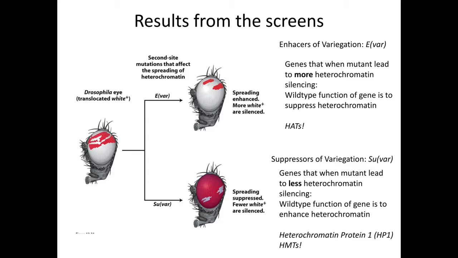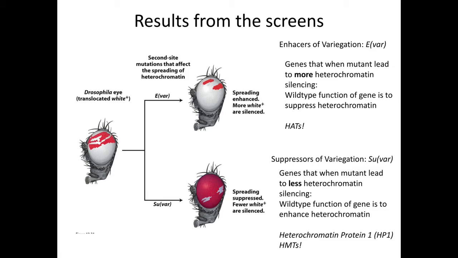So then you ask, what would the function of the normal genes be, if the observation of the mutant ones is to enhance silencing? Well, these enhancers of variegation represent mutations that, when mutant, lead to more heterochromatin silencing.